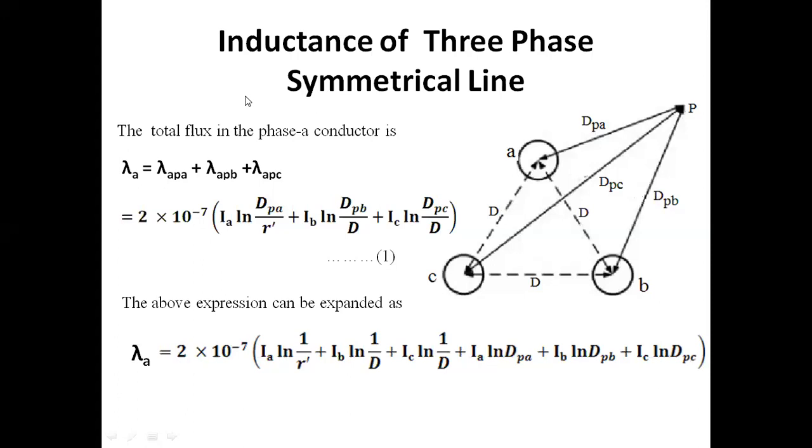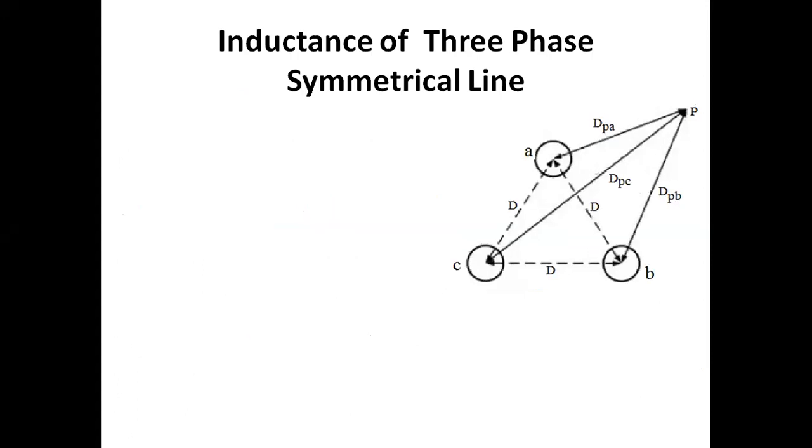This is equation 2. In the next part, we consider the balanced current IA plus IB plus IC equals 0, so IB plus IC can be taken as minus IA.